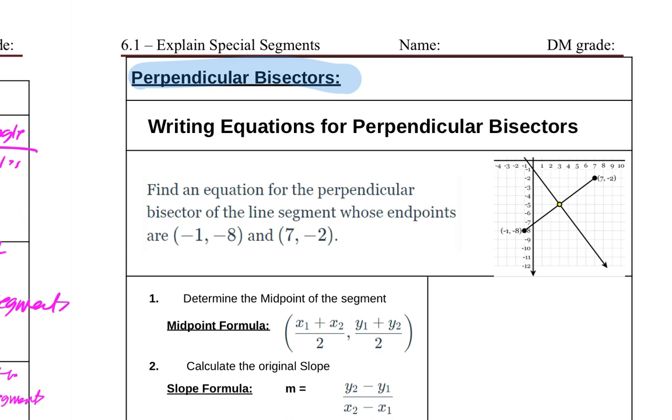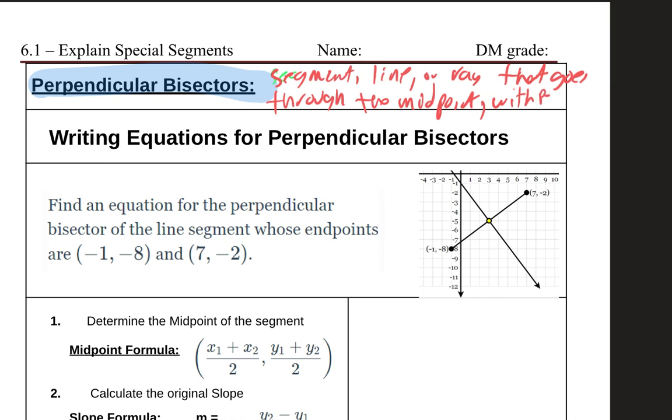So a perpendicular bisector is going to be a segment, a line, or ray that goes through the midpoint with perpendicular slope.